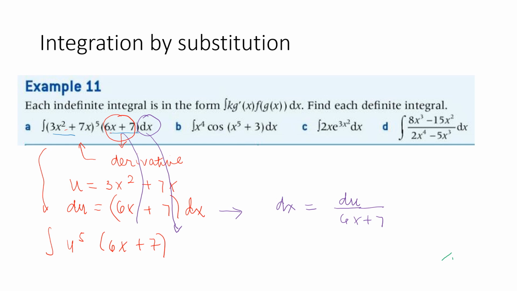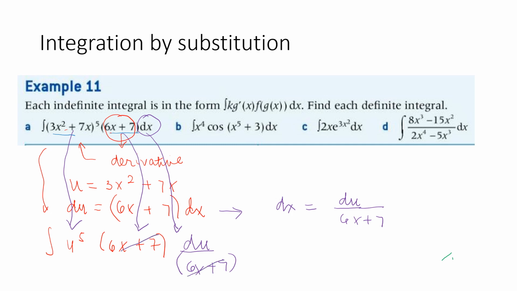So let's try to substitute that here. Okay, this is this one, and this is this. So we have our dx is du over 6x plus 7. Okay, so we can already cancel this out.